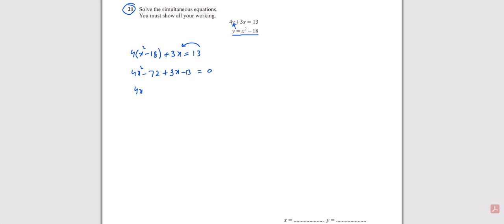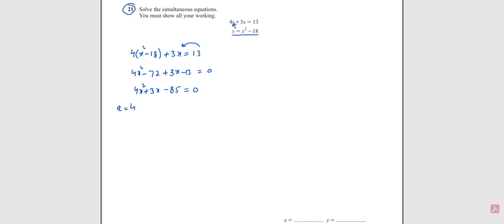So arrange this one: 4x square plus 3x minus 72 minus 13, that is minus 85, is equal to 0. Use the quadratic formula.